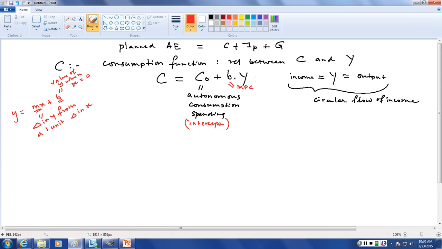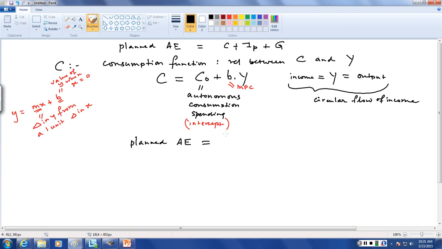Right? So I am now going to write planned AE as follows. So I'm now doing it the way your book's doing it, okay? But in the end, I'll arrive at exactly the same multipliers as I've already derived.